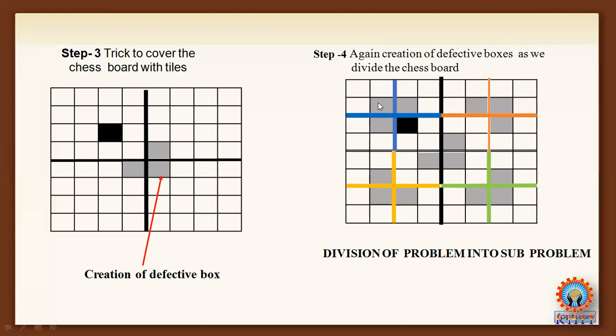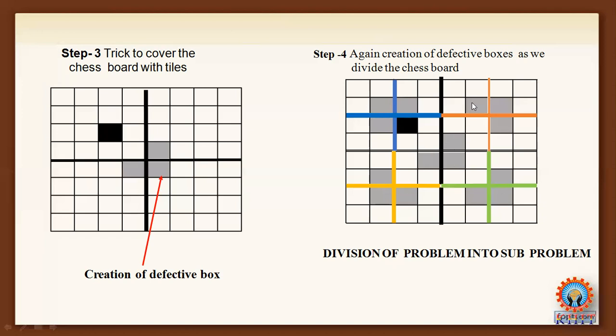In this chessboard, this is the defective, in this chessboard, this is the defective, and in this chessboard, this part is defective. Like this only. If we consider any 2 by 2 chessboard, one square should be defective. Here we can clearly identify that. Those marked in black come with the problem. This is the original defective square, and the remaining gray ones are created by us.